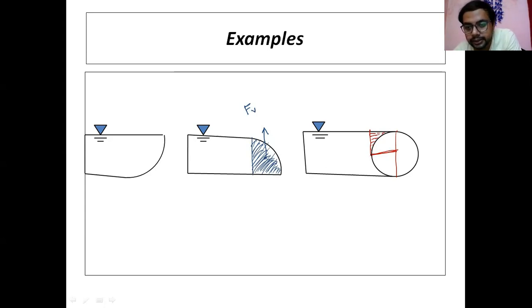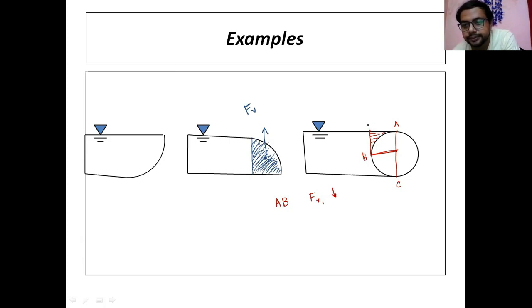What about this portion? This portion is supported by this curve. So if you consider only the upper half, A, B, C, then on the AB surface, FV1 is downwards.